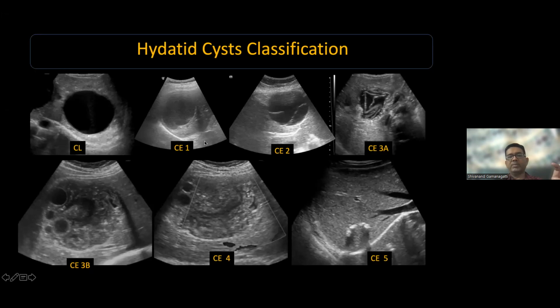But important to remember is that the early ones are active, and the late ones, 4 and 5, are the inactive ones. And these floating membranes, the peripherally arranged daughter cysts, these are very, very classical. In these cases, serology positivity rate is also very high. The only problem comes in the simple, the type 1 hydatid cyst.